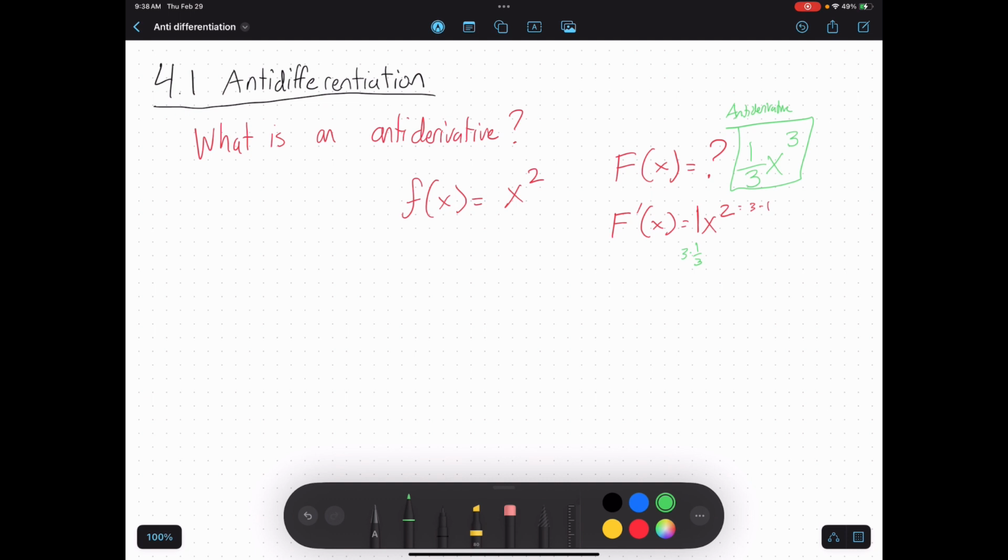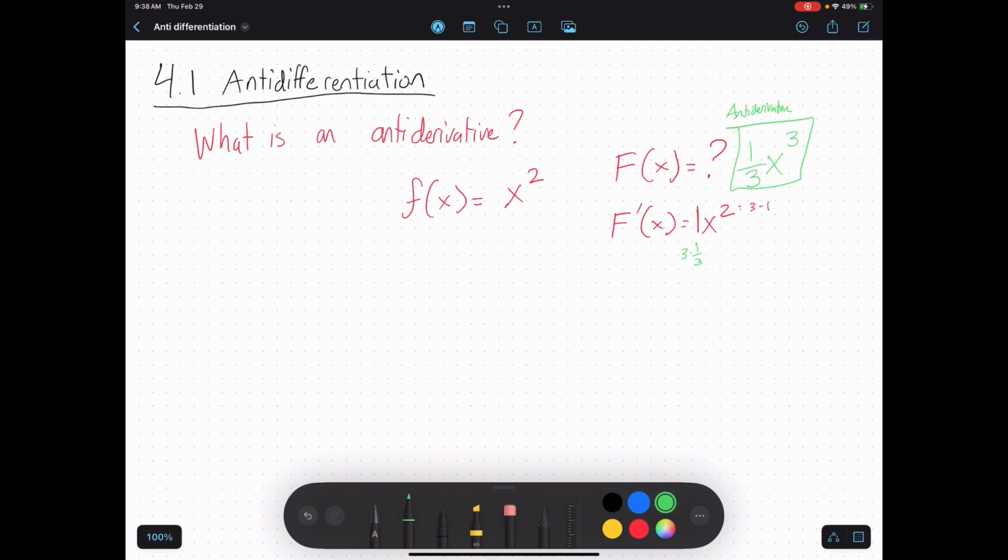Okay. Now, something to keep in mind with antiderivatives is there's actually an infinite number of antiderivatives. This is not the only antiderivative for this function. Can you think of maybe another one? Well, the key to this is recognizing what happens when you take the derivative of a constant? It goes to 0.